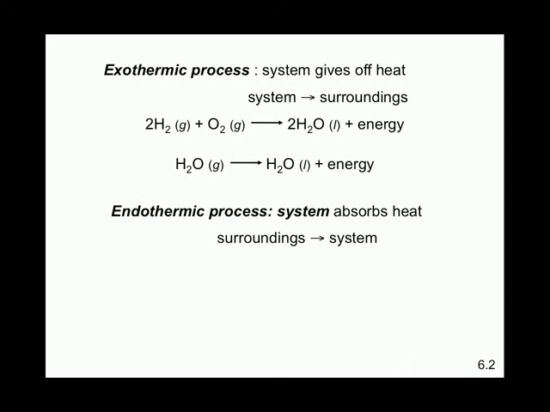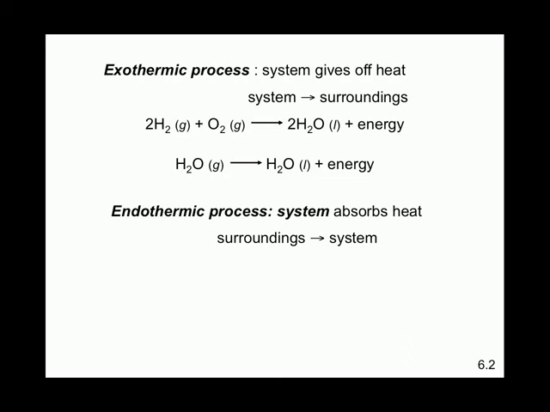Now we would notice that because it would appear to us that our system is getting colder. But when we measure that, we're really part of the surroundings. So we measure what's going on with the surroundings, and then we say what's happening to the system. So if I have a beaker in my hand and I add some substances to it, and it's an endothermic process in the beaker, that beaker will show a drop in temperature, and that drop in temperature will take heat from my hand, and I will feel cold.